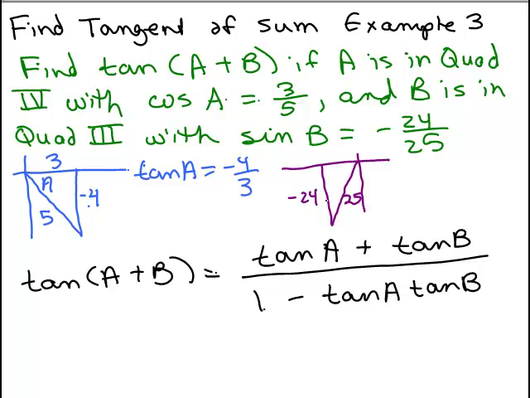Now you could use the Pythagorean theorem to figure out what this x value is by doing x squared plus 24 squared equals 25 squared. All right, so I'm going to do that on another page. X squared plus 24 squared equals 25 squared. Even though it's -24, when you square it, it's the same thing, right?